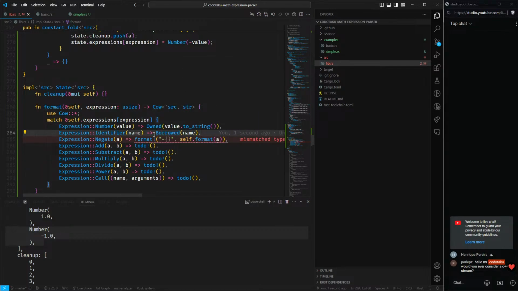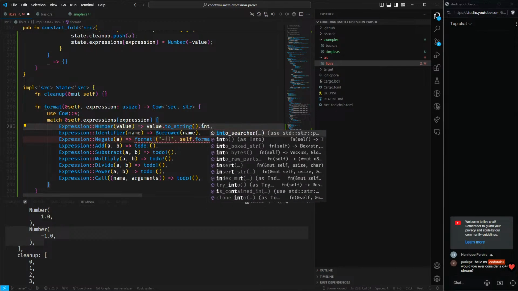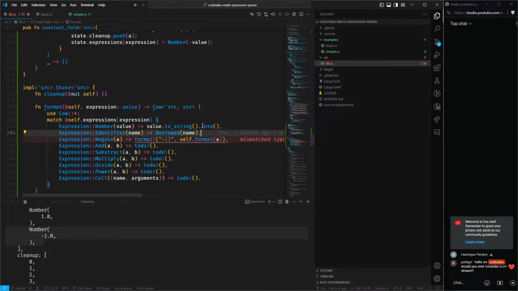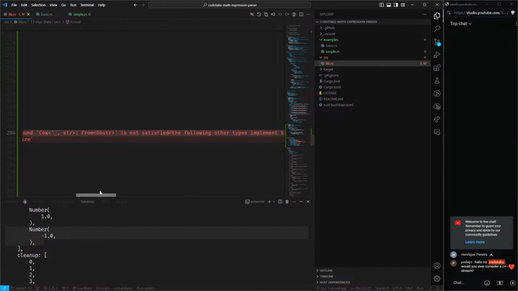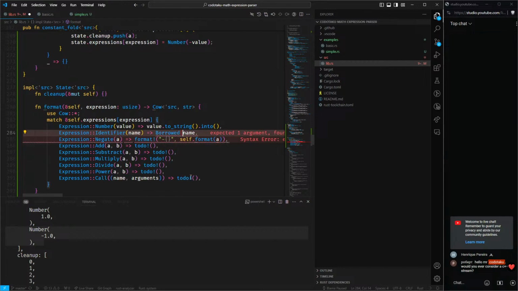So using a cow, we don't have to actually allocate this name again for no reason. Though, can I actually say just .into instead of .owned, .borrowed, etc.? I'm not sure if you can do that. I mean, that one worked. What about this? Did it work? This one doesn't seem to work. Interesting. Well, honestly, I'd rather just do it like this anyways.